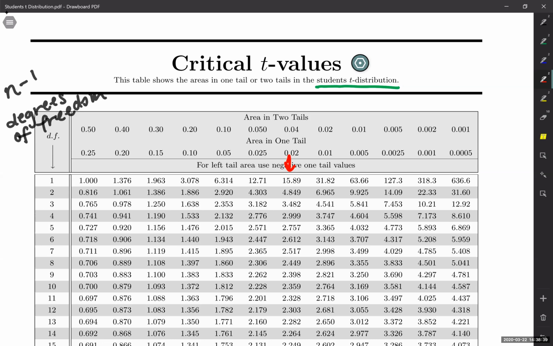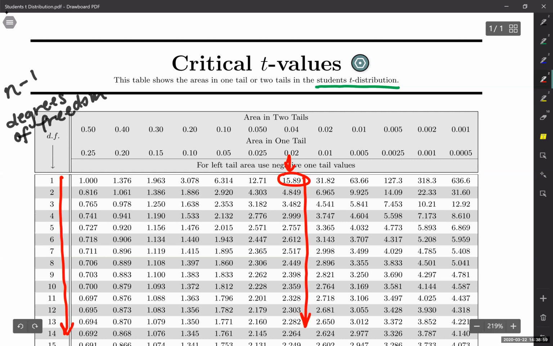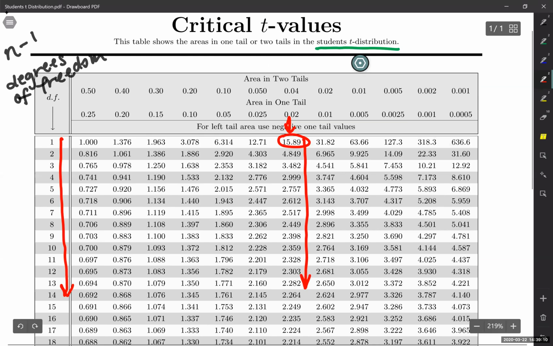As the degrees of freedom increase, as we are going down this list, because the degrees of freedom is getting bigger as we go down, what's happening to our critical value? I start off at 15.89, and then I'm at 4.849, 3, 2, 2.757, 2.6, and so forth. And as I go down this list, they just keep getting smaller and smaller.